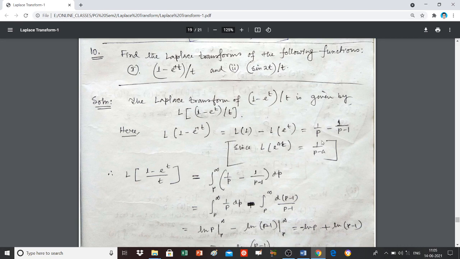Here just use the value of a as 1. Using that, the Laplace transform of e to the power t is 1 by (p minus 1).